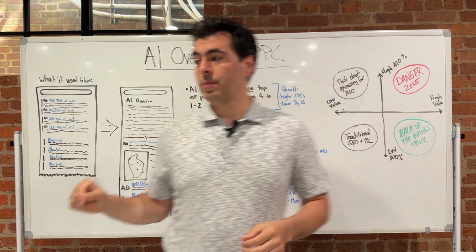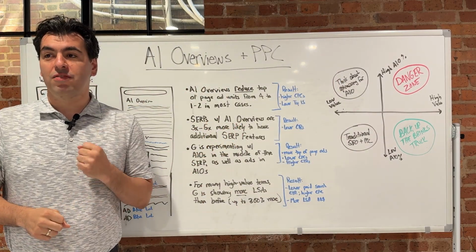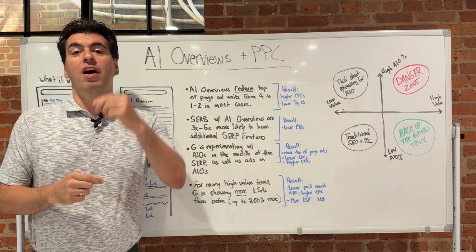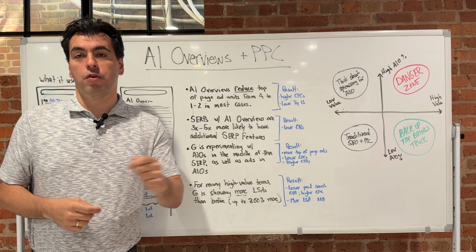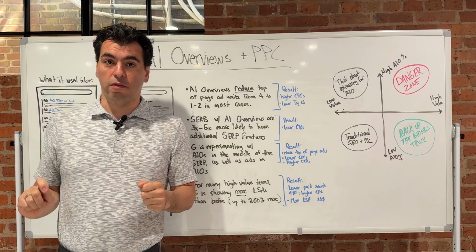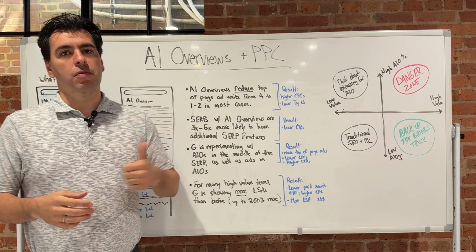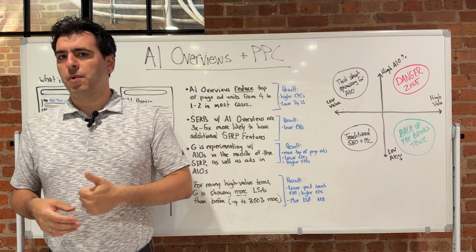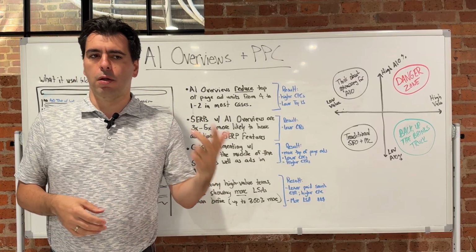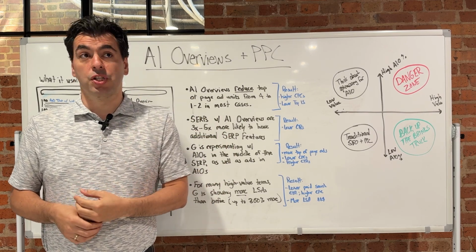Right? Number 2, SERPs with AI overviews are 3 to 5 times more likely to have another SERP feature prominently positioned versus SERPs without the AI overviews. What that means is that a SERP that has an AI overview is more likely to have People Also Asked, a map pack, a local pack, some other SERP features on that page.